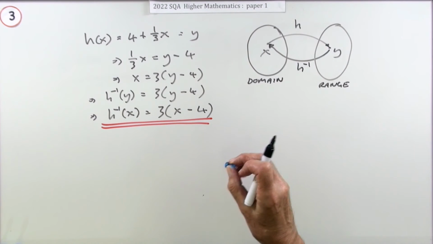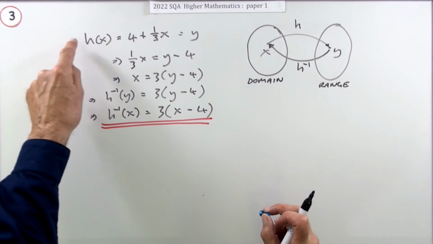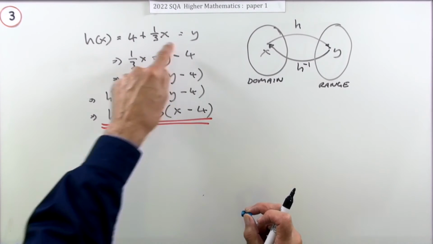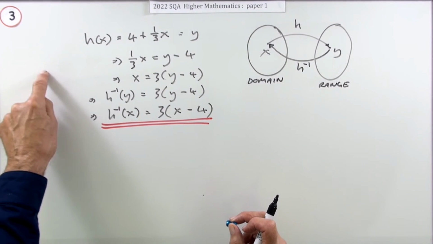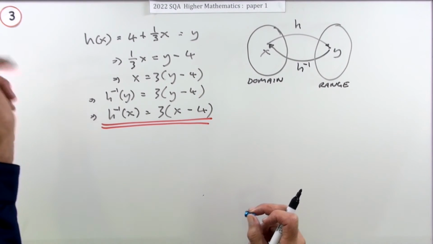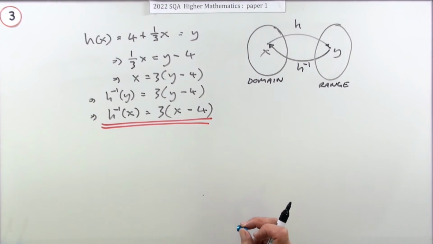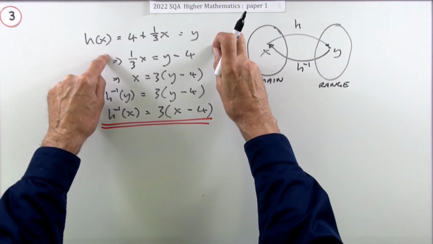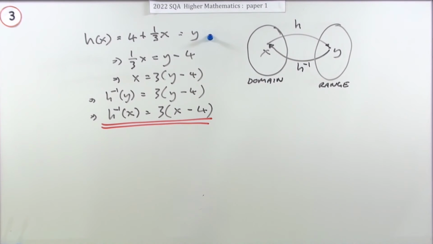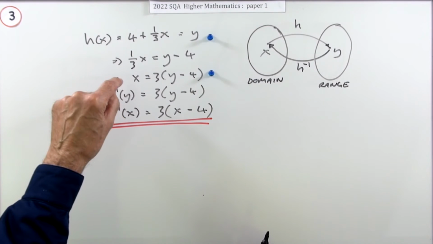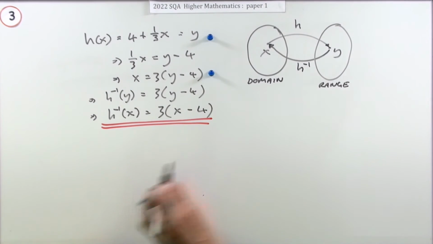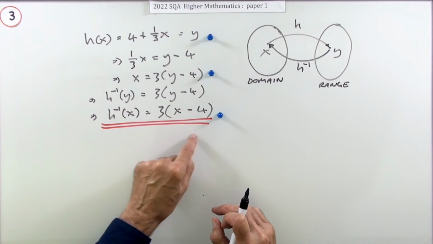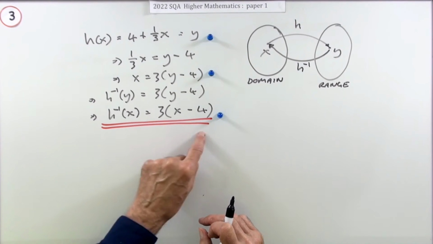Now the 3 marks were, the first step was to equate the y and the h of x. I've sort of snuck it in at the end here rather than writing out again y equals h of x, which you could do, I suppose, but I just reckon that would have been sufficient. It would have been to equate them, the answer with the original, then rearrange it to read x equals instead of y equals, but finish it off in this form, finish it off with x's in it.